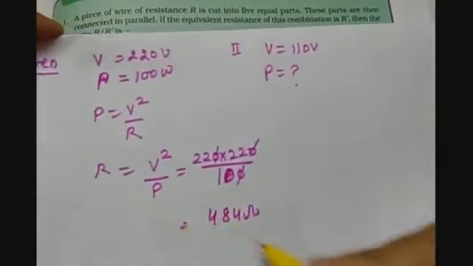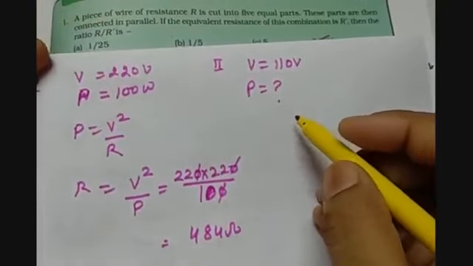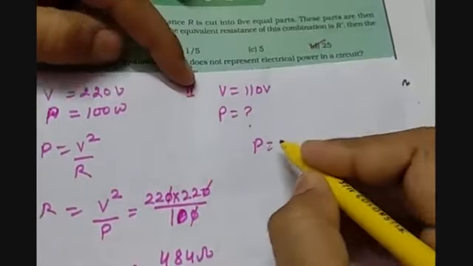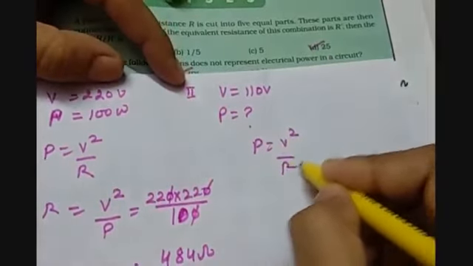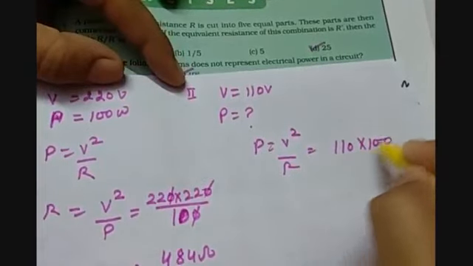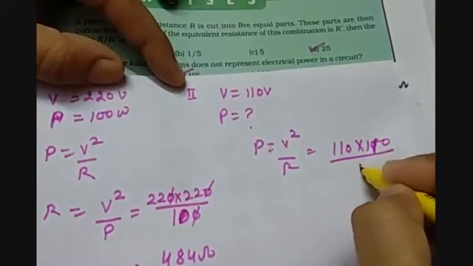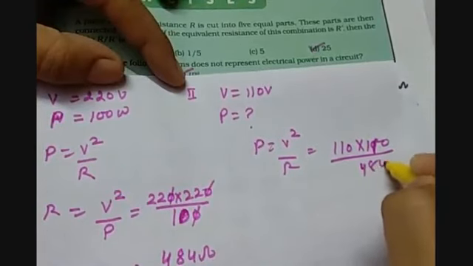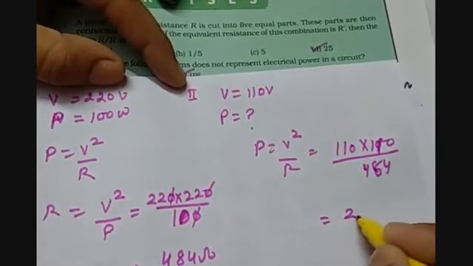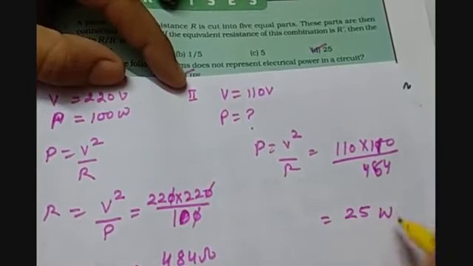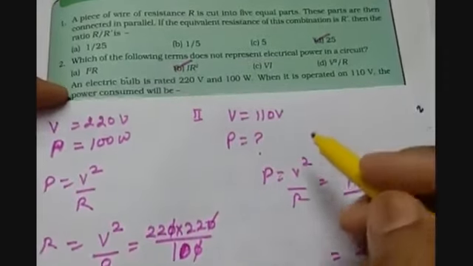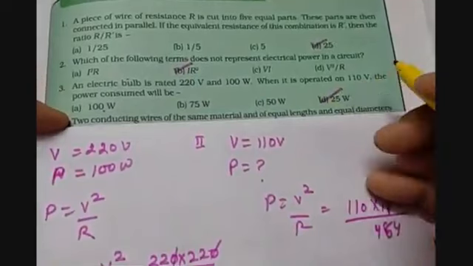Now just put this value because the resistance will be the same for the same bulb. So power will be V square by R, and this R is 484. We'll get a value of 25 watt. So option D is the correct answer.